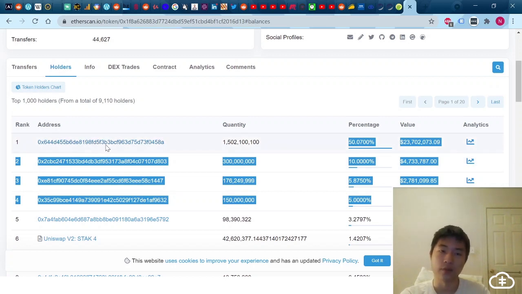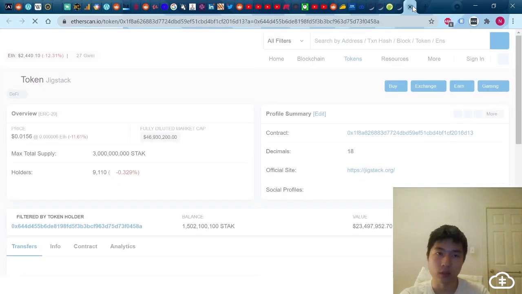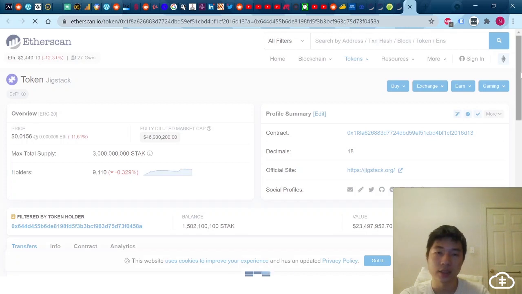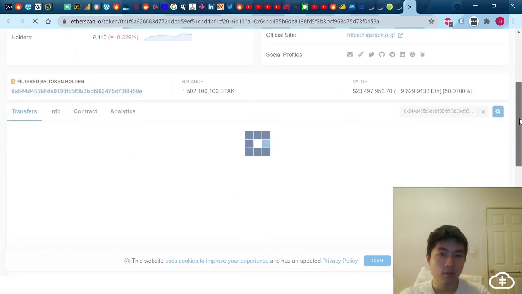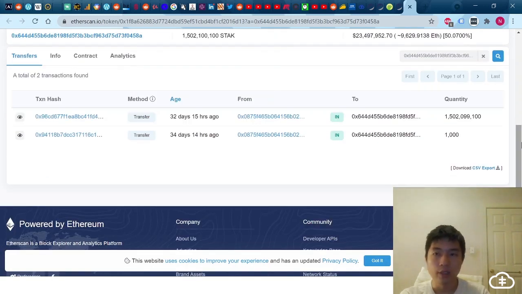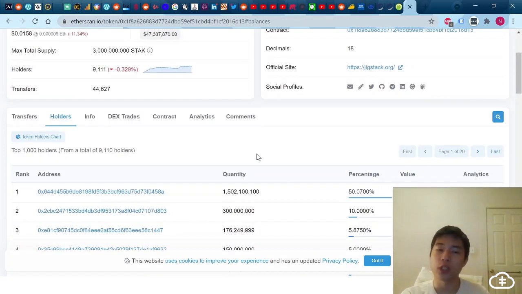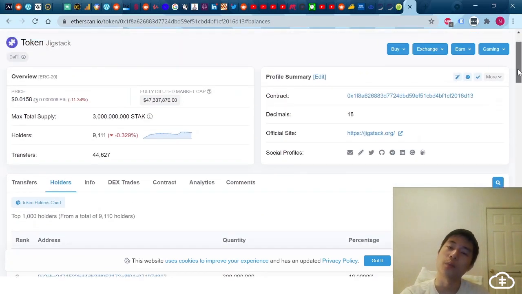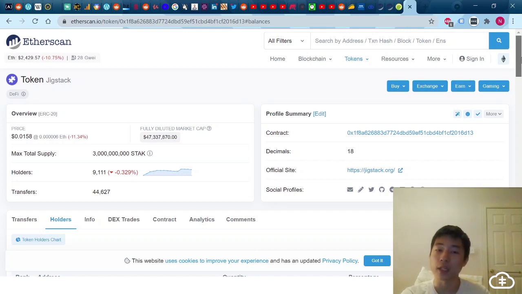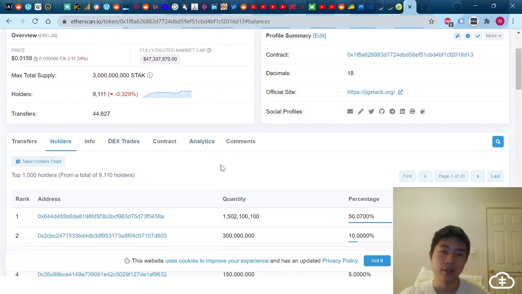So specifically for this address, I think this is the team wallet. I can't tell off Etherscan whether this is the team token address, but given that this is a large project and the information is, I think, listed on CoinGecko, it has a lot of other holders and it's listed on Uniswap and all of these other things.